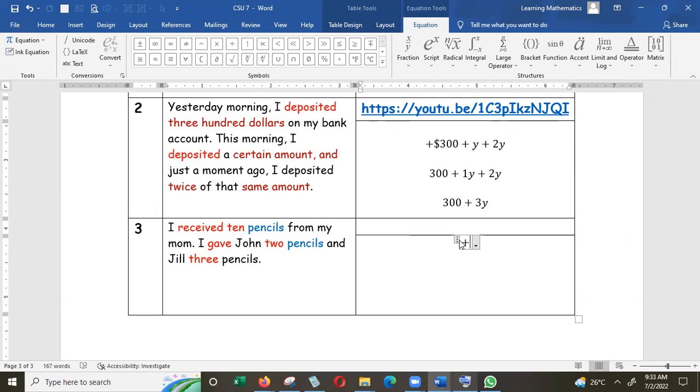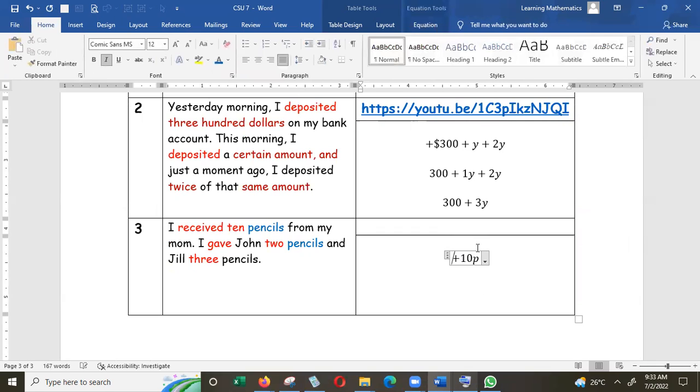We all know the symbol for 10, a 1 and a 0. Pencils, we can use P for pencils. So this can be read as receiving 10 pencils. You can see plus 10p, but plus 10p is very mathematical, very abstract. But it could mean receiving 10 pencils.